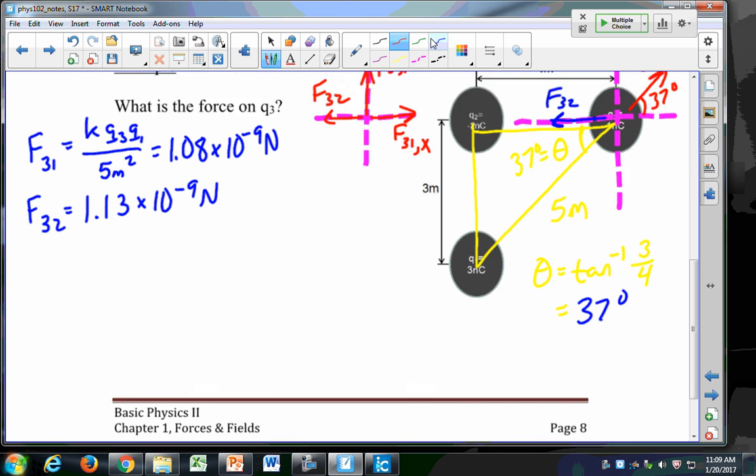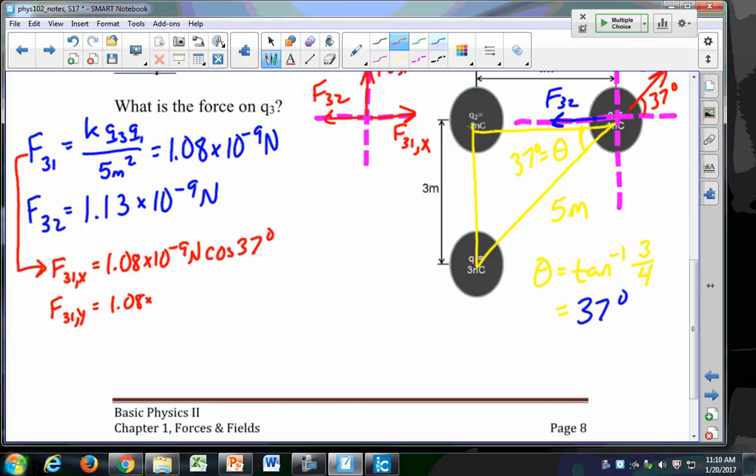Now I find F31X and F31Y. I'm going to take this value, F31X is 1.08 times 10 to the minus 9 newtons. For the X component, use the sine or the cosine? Gosh, this was like months ago we did this. It's the cosine of 37. And then for F31Y, that's 1.08 times 10 to the minus 9 sine of 37.